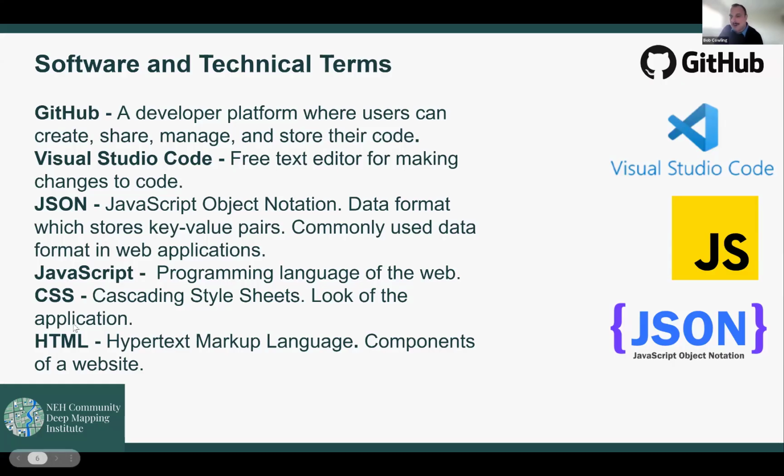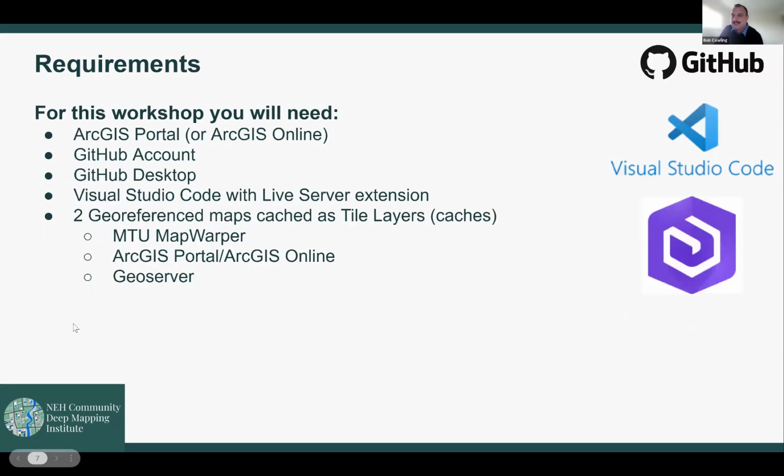The website's overall components. So requirements for this, when you're doing this workshop, you will need ArcGIS portal, and you can certainly use ours, and you are encouraged to do that at the Geospatial Research Facility, or you can use your own instance of portal or ArcGIS Online. You'll need a GitHub account, the GitHub desktop client, Visual Studio Code with live server extension, and you will need two georeferenced maps cached as tile layers or tile caches.